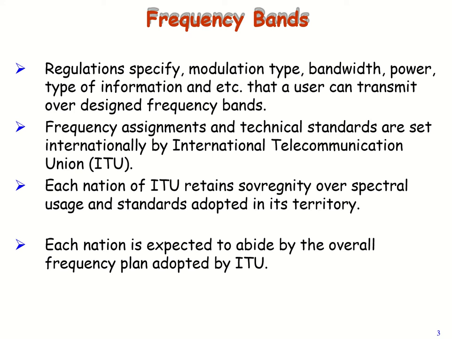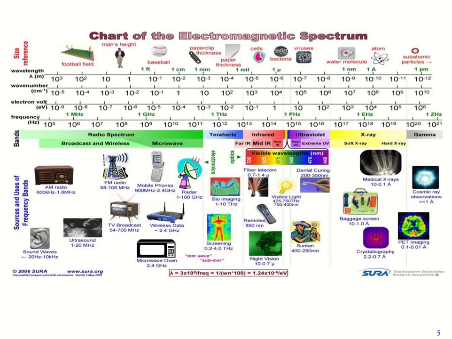For example, the GSM band, the telephone should work at a particular frequency, Bluetooth should work at a particular frequency, 5G applications, X-ray applications, satellite communications. Everything should work at a particular frequency so that there is no interference with the other applications. That is the main reason for the regulations.